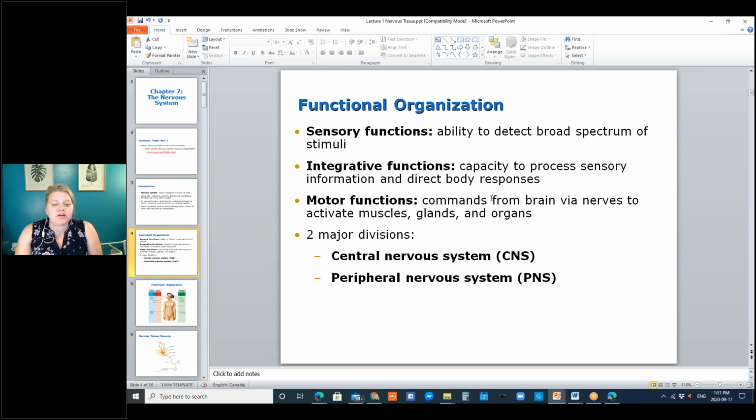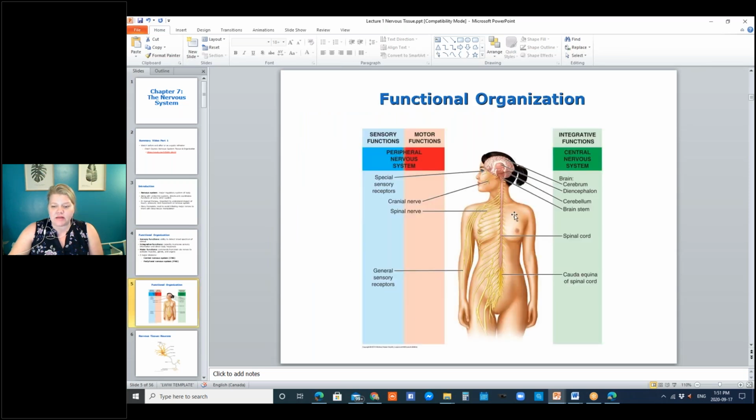There's an integrative function where some processing of sensory information is happening to make a decision about what the appropriate motor response should be. And motor function is where there's a command from the central nervous system to activate another muscle, gland, or organ. And it's divided into 2 major divisions, including the central nervous system, which is the brain and spinal cord, and then everything else, which is the peripheral nervous system.